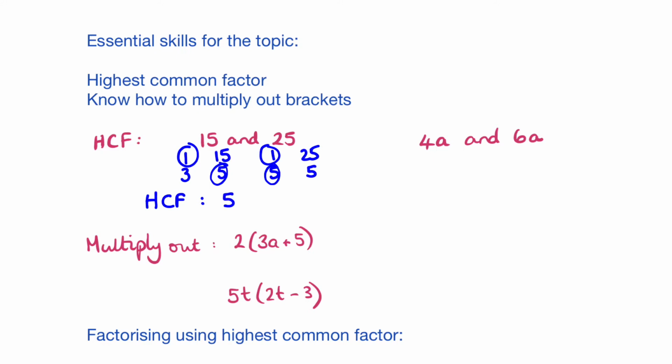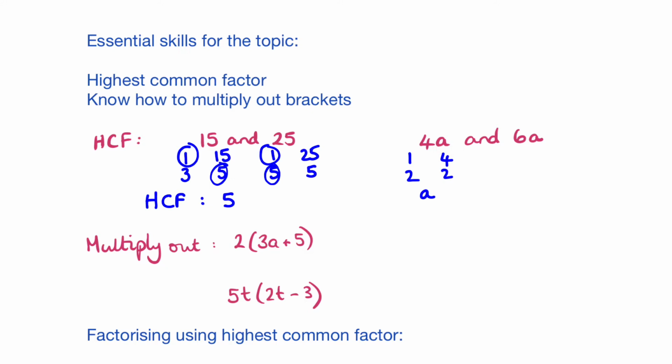Now, when we're looking at 4a and 6a, just deal with the numbers first. Highest common factor, so we need to list the factors. Factors of 4 are 1 and 4, 2 and 2. So the factors are 1, 2 and 4. But we've also got a to think about there, so a could be paired up with any of these.